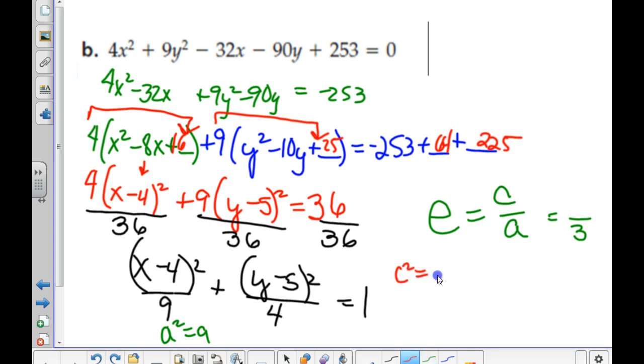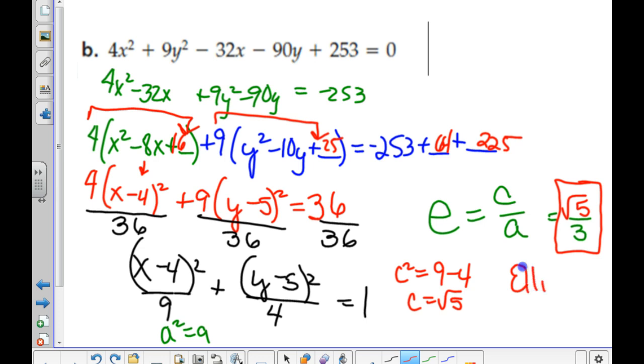C squared equals A squared minus B squared, so 9 minus 4, square root of 5. Now, is that less than 1? Can anybody type square root of 5 divided by 3? Yes? Okay. It's less than 1, so that does make it, in fact, an ellipse, which we figured out, right?